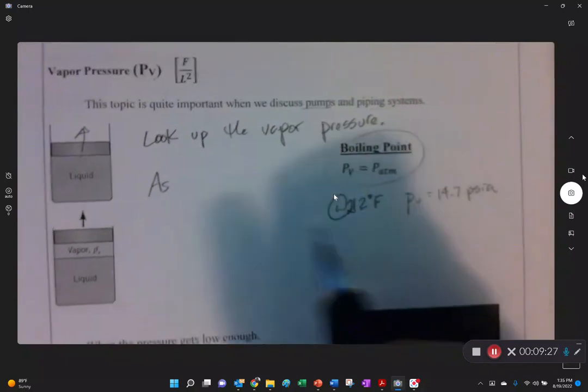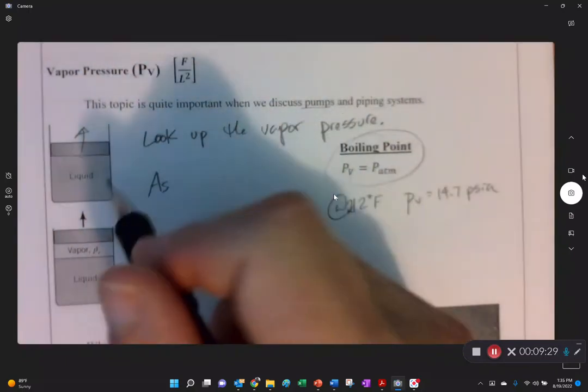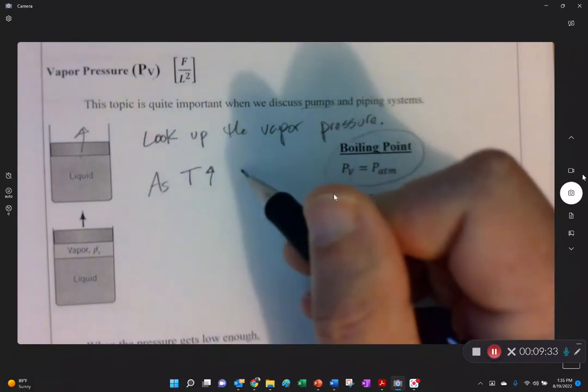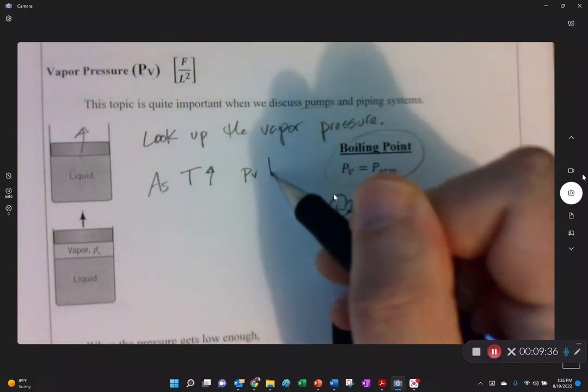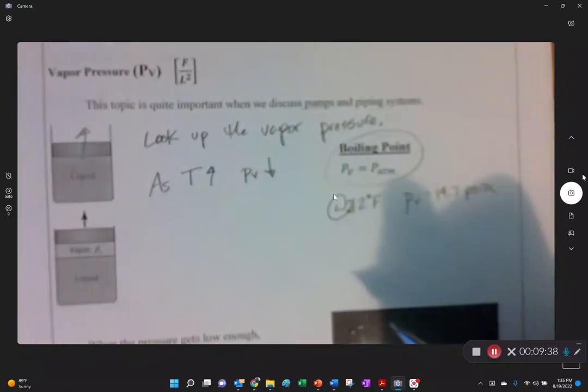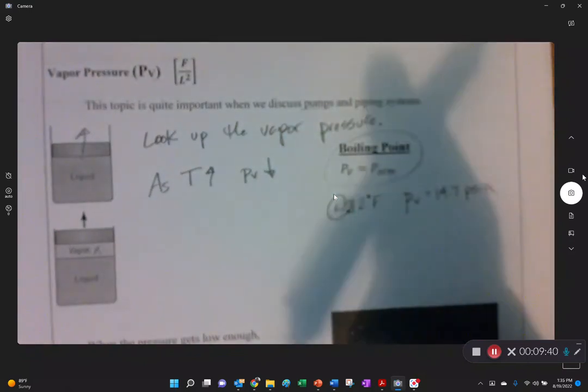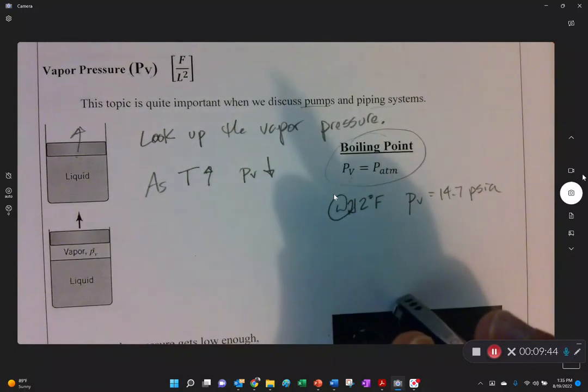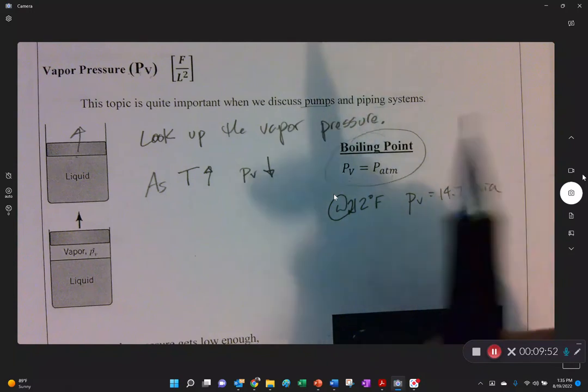Cengel, great book. So like here, I say something that we should note: as the T goes up, the vapor pressure goes down. Is that true? I don't think that's true. The temperature, let me think about that. I think I'm going to say the other way around.